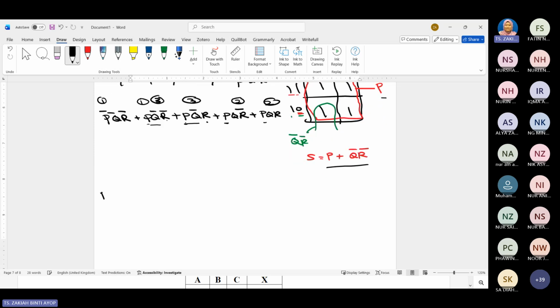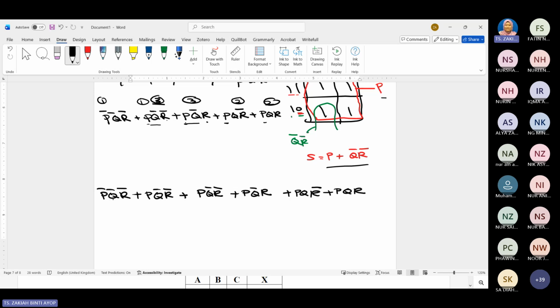So I will write it P bar, Q bar, R bar plus P, Q bar, R bar. I will duplicate again because this is for the third pair. So P, Q bar, R bar plus P, Q bar, R plus P, Q, R bar plus P, Q, R.